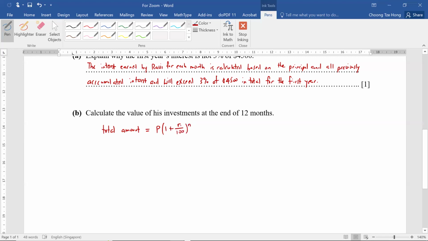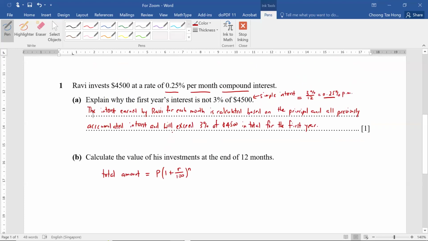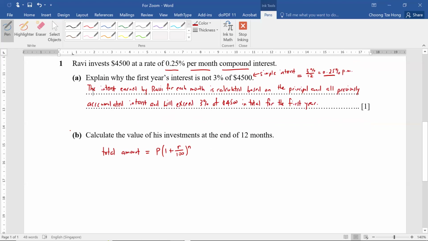Here, r is the interest rate, which is 0.25% per month, and n is the number of times that it is compounded in 12 months. If you are compounding once per month, in 12 months you will be compounding 12 times. So you must be careful that n is 12.